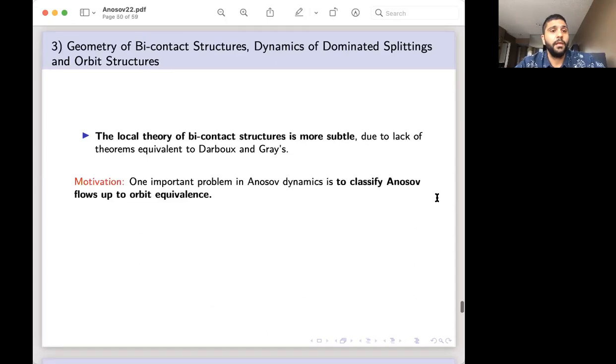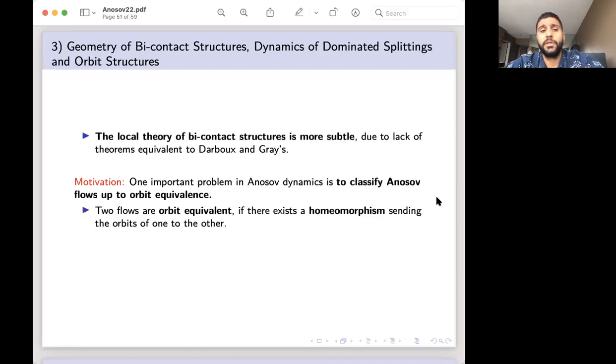Motivating this local theory is a very important problem in Anosov dynamics, which is to classify Anosov flows up to orbit equivalence. I'm going to discuss why this is related to the local theory of bicontact structures.